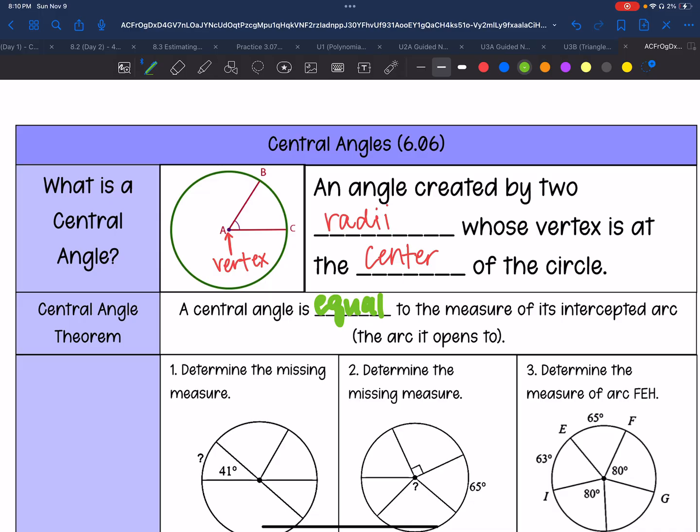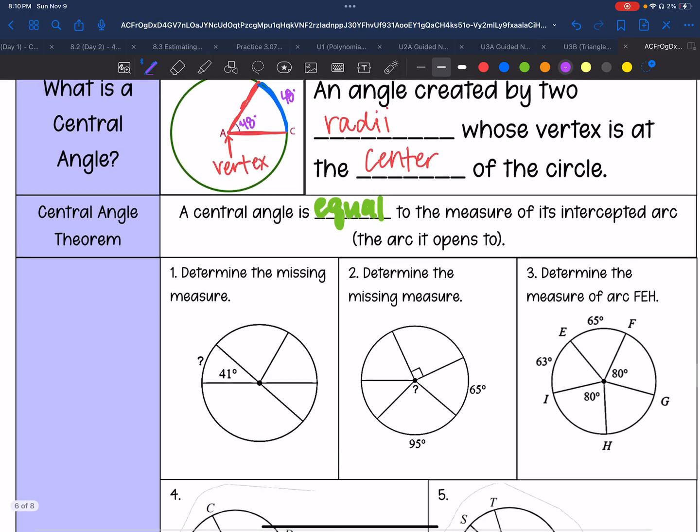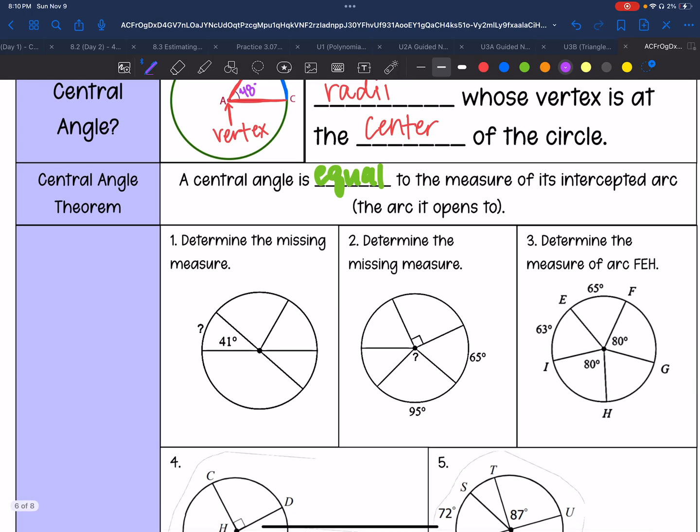So for example, if we said that this angle here was 48 degrees, then that means that the arc that it's opening up to, which if we outline this angle, it is opening up to this arc right here. So if the angle is 48 degrees, that means that this arc is also 48 degrees. They are always equal. So let's look at some examples.